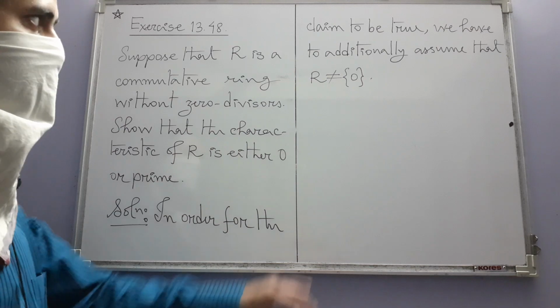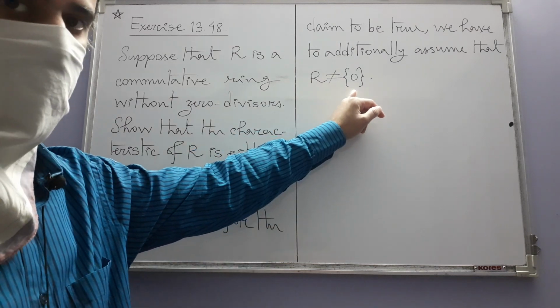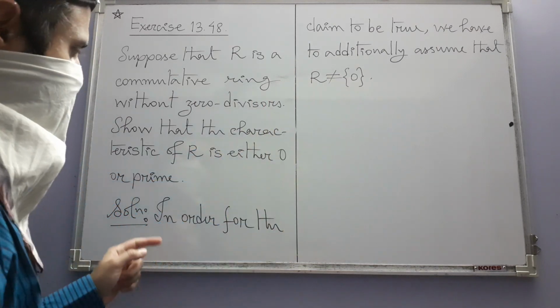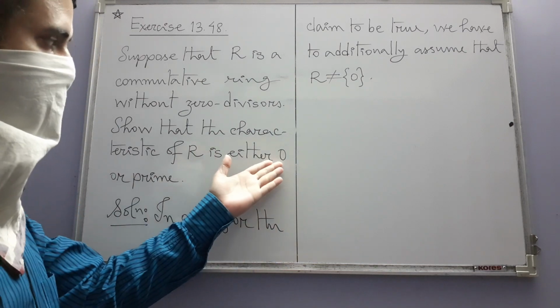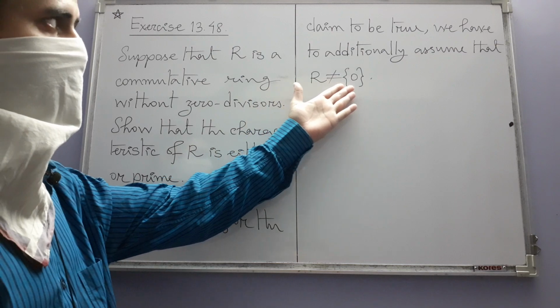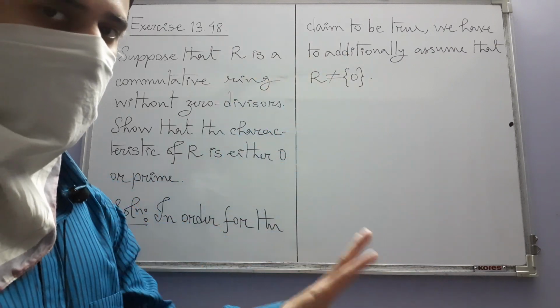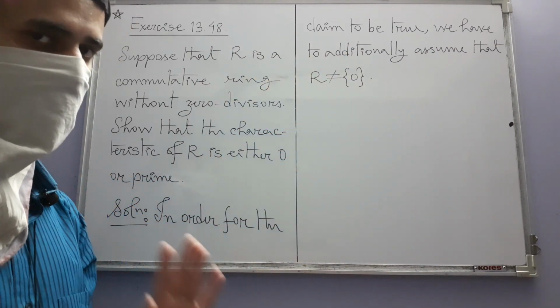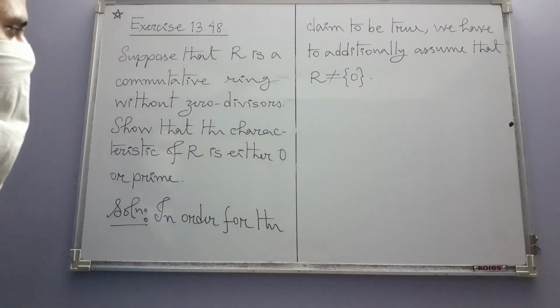That is because the characteristic of the zero ring, which has only one element, is 1, and 1 is of course neither 0 nor a prime. So that's why we are also putting this additional restriction on R. R is non-trivial, it's a non-zero ring.